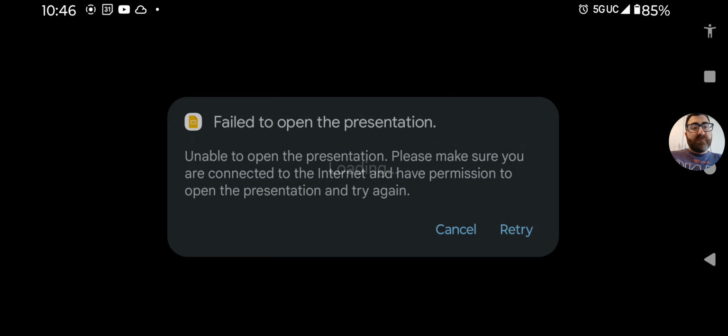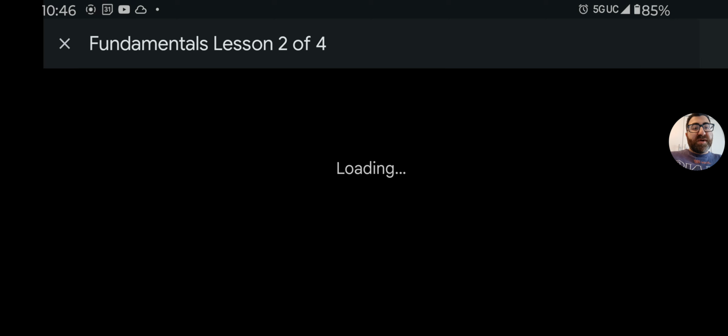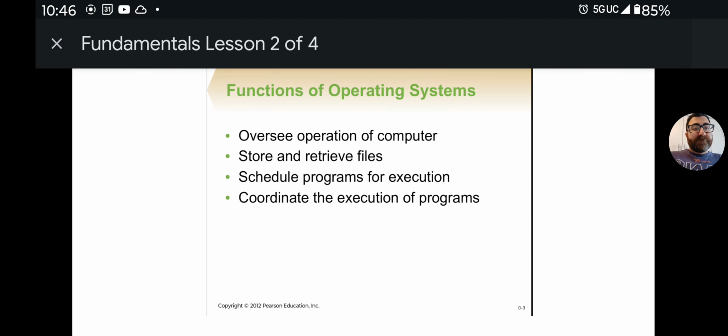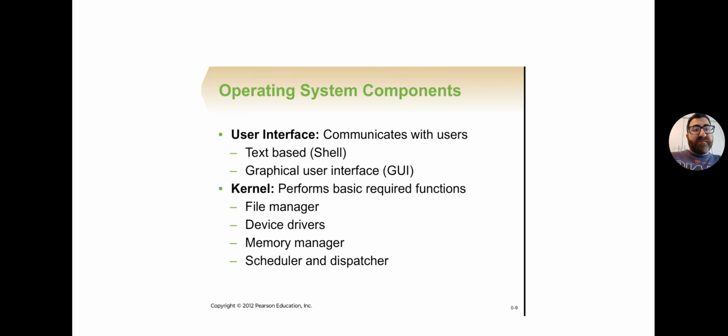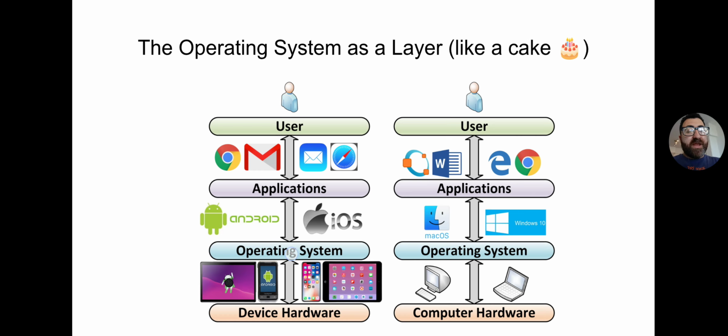Okay, let's retry opening this. So again, the fundamental part of the operating system is called the kernel, and the kernel is that base layer. Some people consider programs that come along with the operating system to be part of the operating system. Those programs are outside of the base layer, they're outside of the kernel.